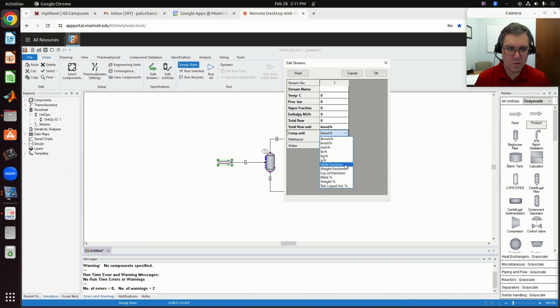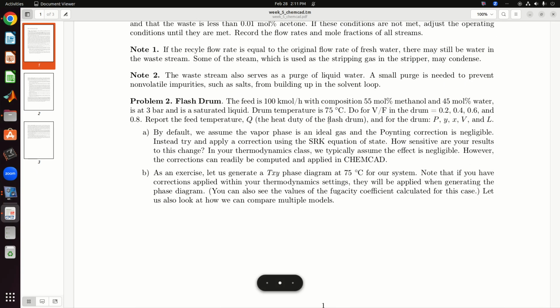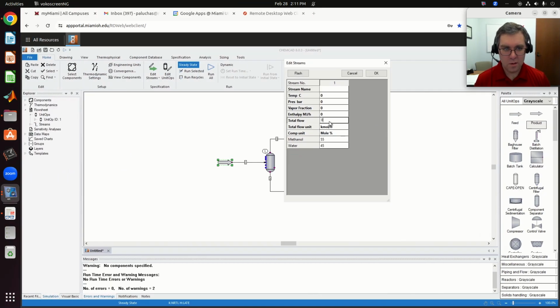So I'm going to convert this to mole, get in mole percents. So I'm going to make this 55 and 45. Then I need my total flow rate. My total flow rate is 100 kilomoles per hour.